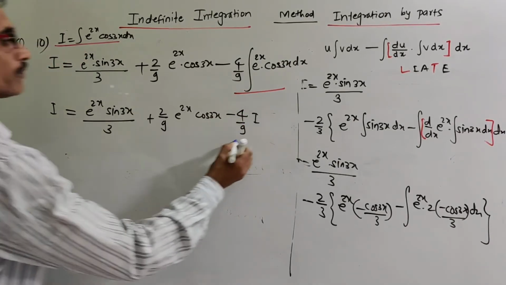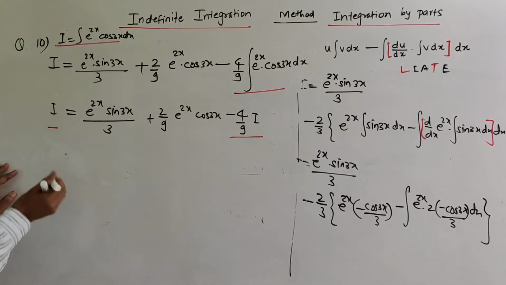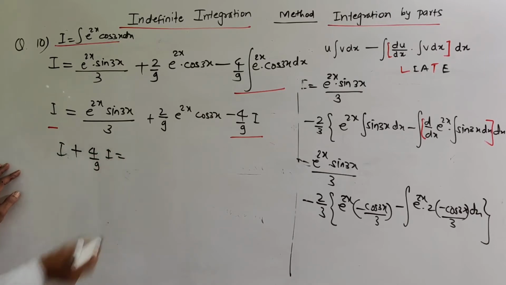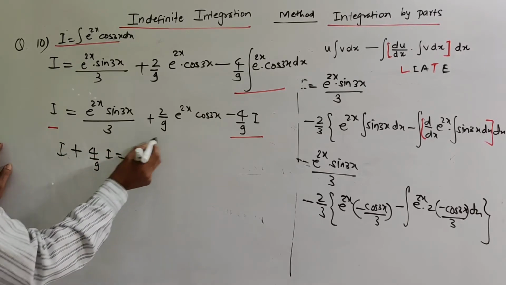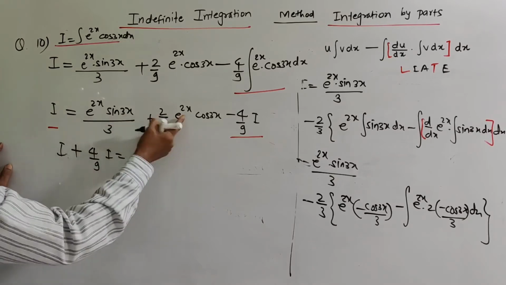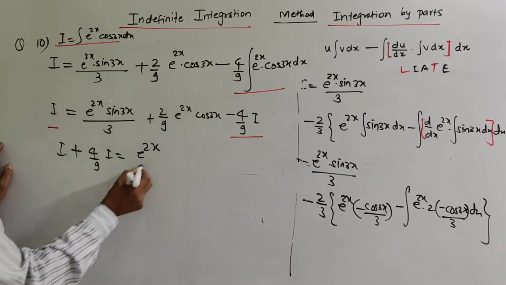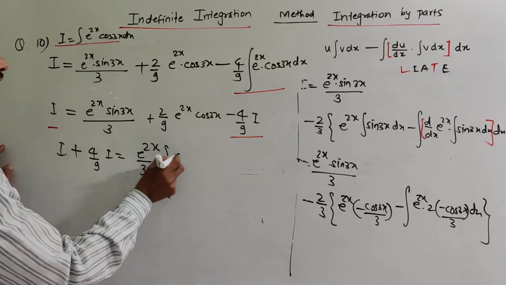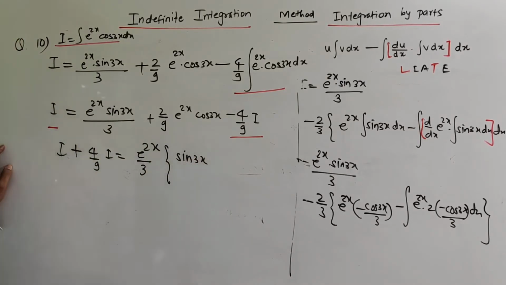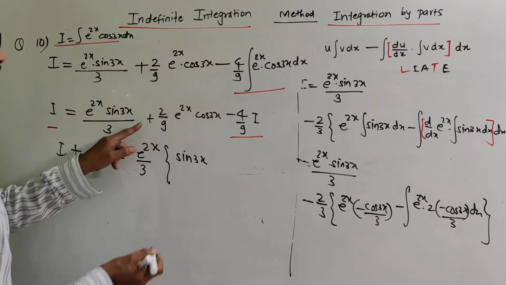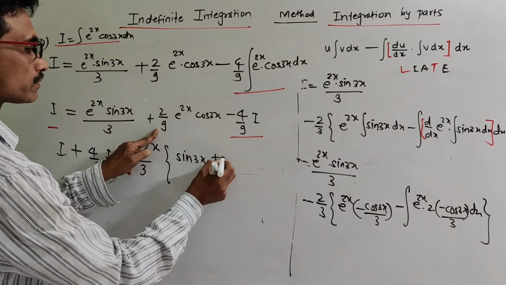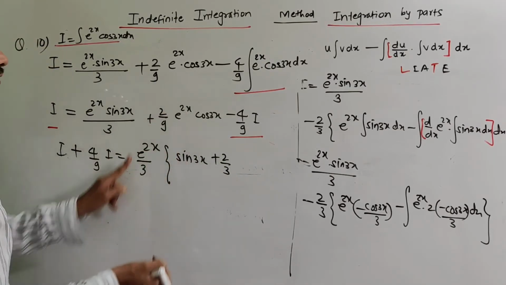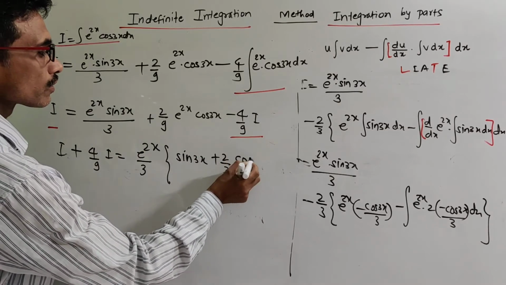So this I we take in the left hand side. So it is I plus 4 by 9 into I is equal to e raised to power 2x. We can take common from these two terms, upon 3 also we will take common. So here comes sin 3x plus 2 by 3. After taking e raised to power 2x upon 3 common, it is 2 by 3 and cos of 3x.